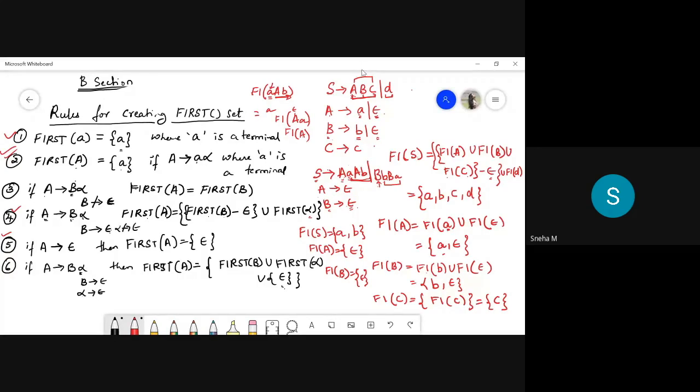Remember that all the grammar symbols in the production should derive epsilon, then only you can add it in the first set of S. Definitely for A, if it is directly deriving epsilon, the first set of A will have epsilon. Since S is not directly deriving epsilon and A, B, C do not all derive epsilon, because C doesn't derive epsilon, epsilon will not be there in the first set of S. Remember this.